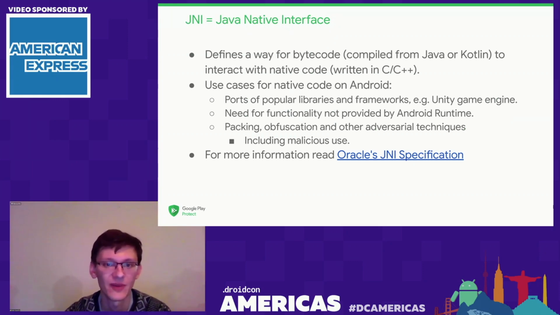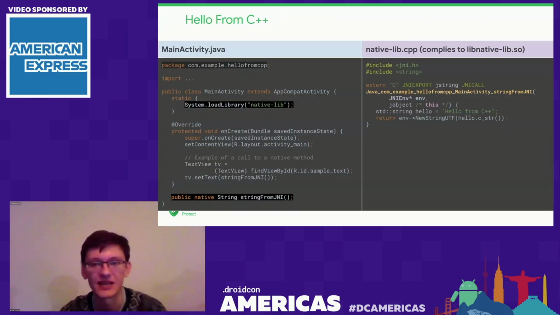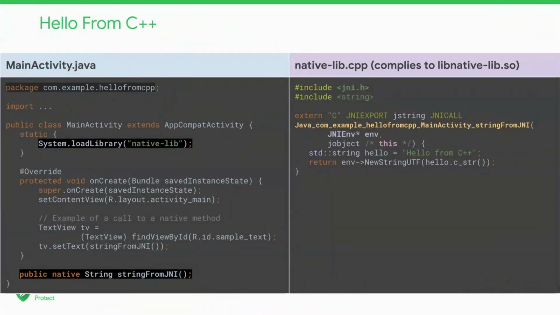If you really want to read more about the specification of how it works, there's the link on Oracle's website. But here's a really basic example, the source code for it, where we call System.loadLibrary in Java, and it looks in the lib directory for something called libnativelib.so, and it'll load that.